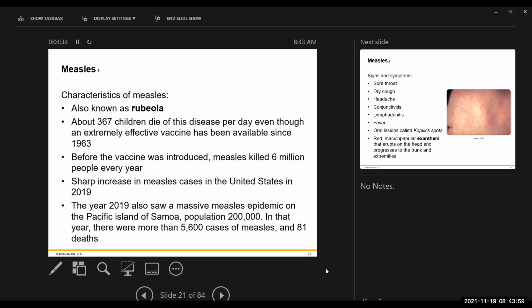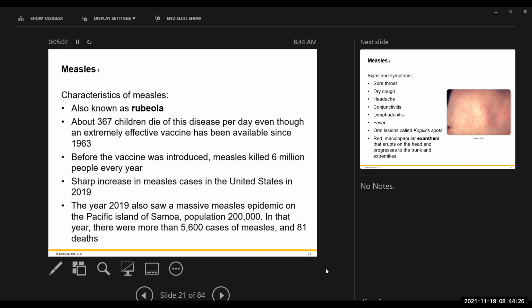It's transmitted through respiratory droplets or through contact with a contaminated surface. Incubation period for measles is 10 to 14 days. Then after that, you get a so-called prodromal period.